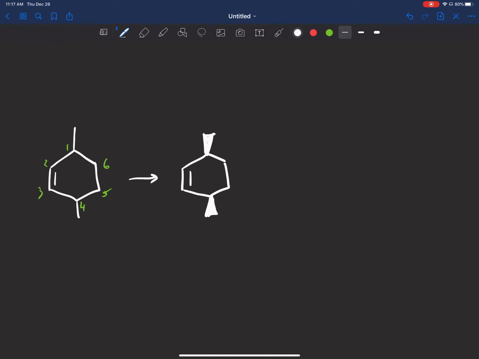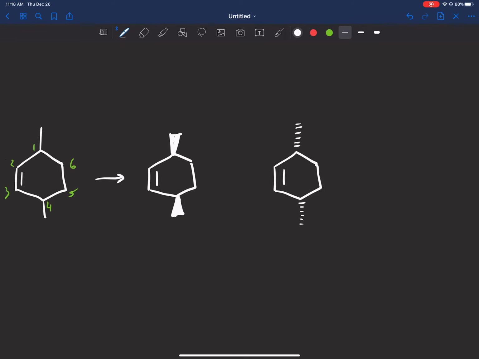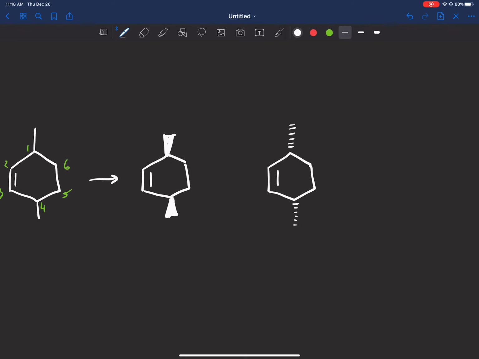We can draw it this way, both wedged, or both dashed. Now again, like in the case of the dienophile when they were both cis, in this case we only have one product, because I can take him, flip him, and he's going to look exactly like this.